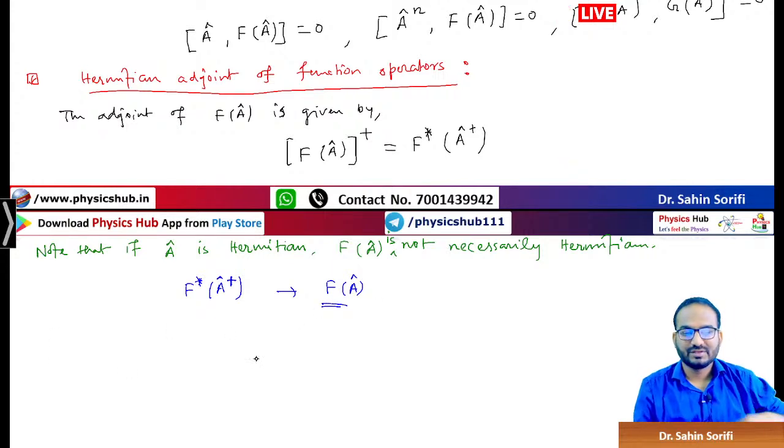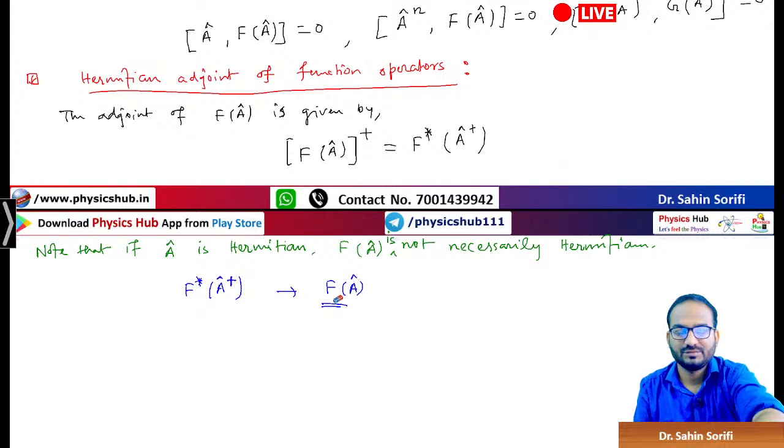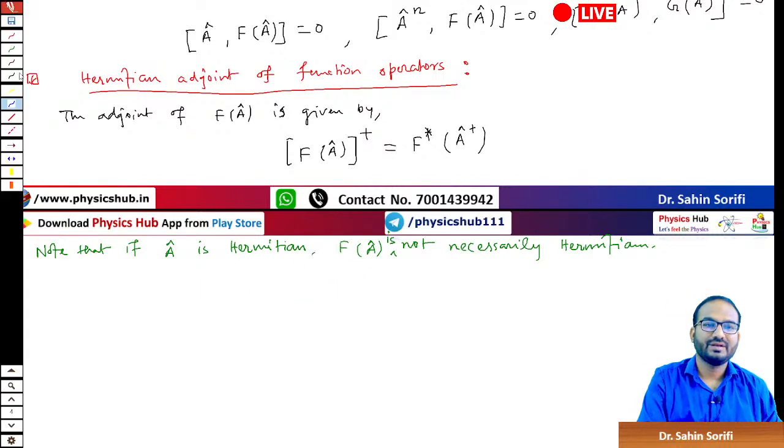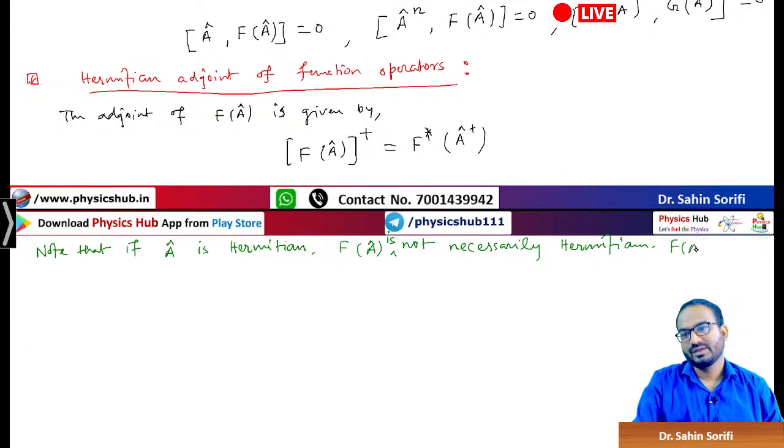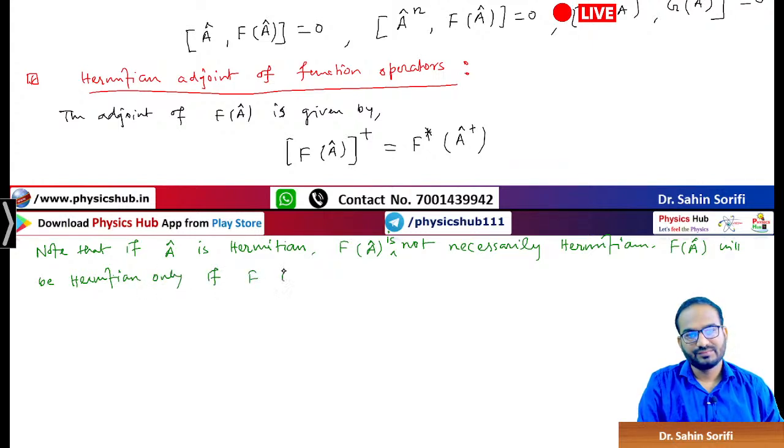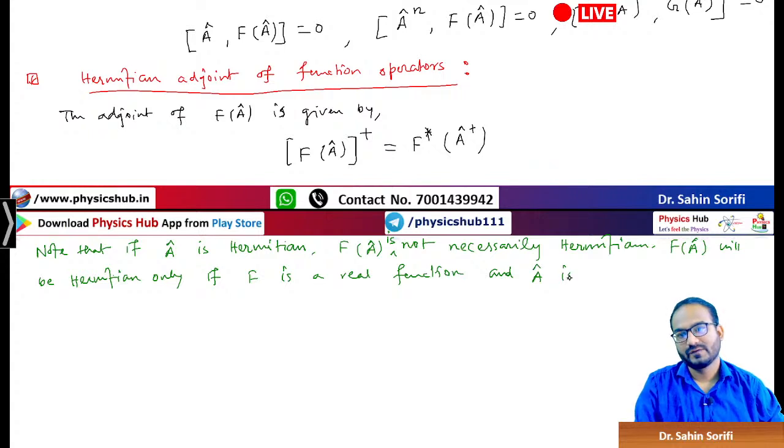Okay, so you can write one line based on this. I hope this is understood. When will f of A be Hermitian? f of A will be Hermitian only if f is a real function and A is Hermitian.